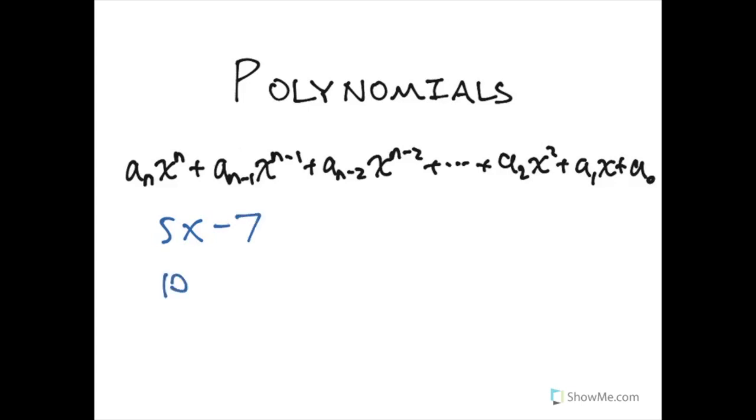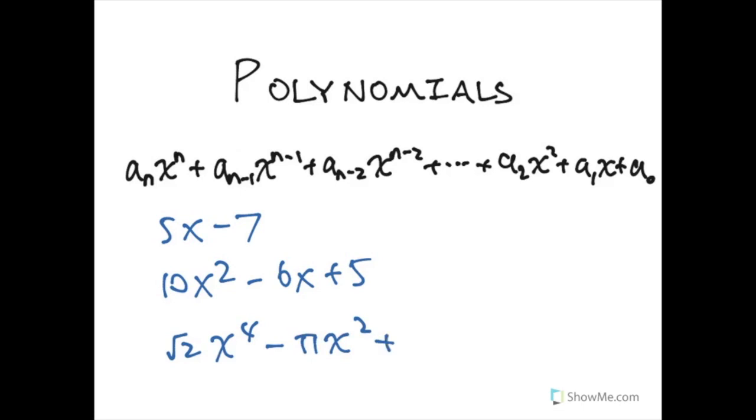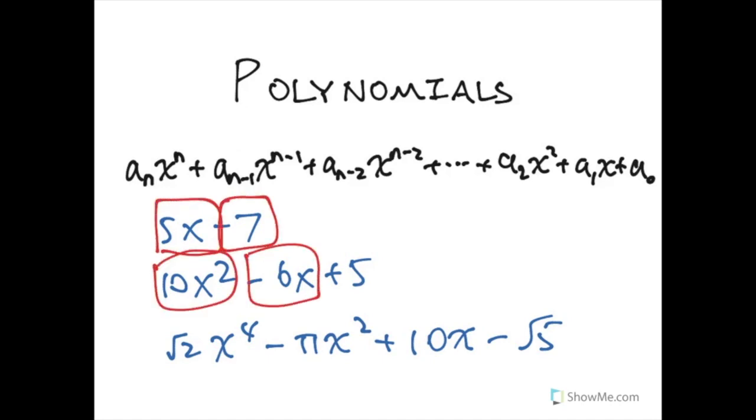We can also have 10x squared minus 6x plus 5, or maybe root 2 x to the 4 minus pi x squared plus 10x minus root 5. All of these are examples of polynomials, and you can see that what we have here are a whole bunch of terms that involve x's and they're added together.